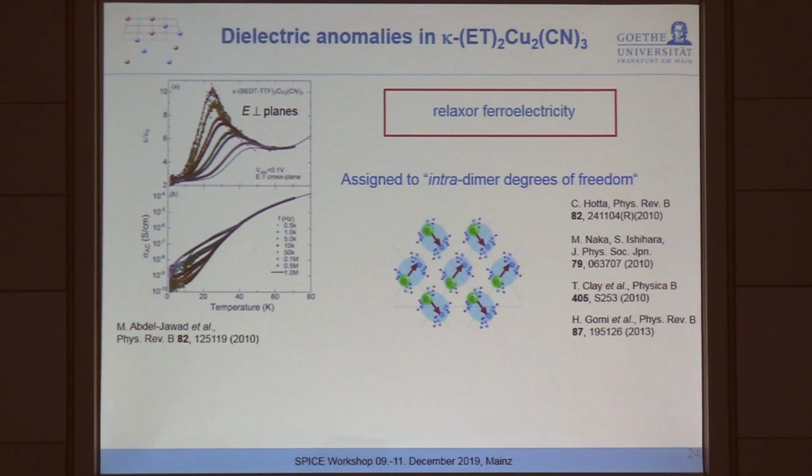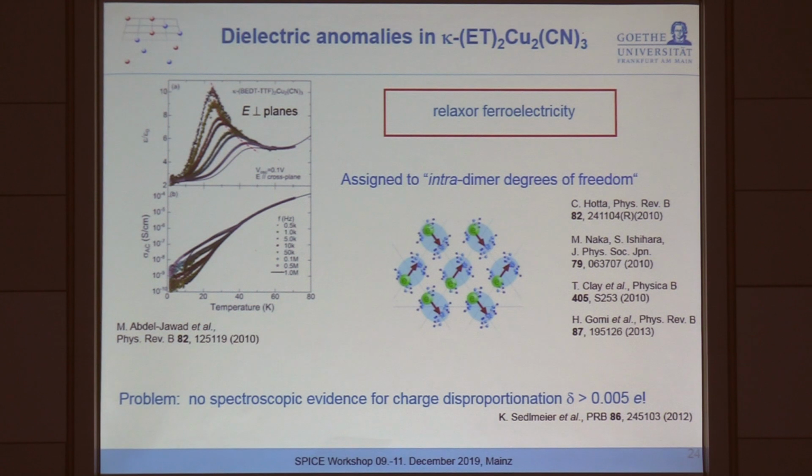And the model which they came up with, and which has been discussed in a number of theoretical works, is that these ferroelectric signatures come from intra-dimer degrees of freedom. So the notion was that at high temperature you have some fluctuating charge on the dimers, which corresponds to fluctuating dipoles. And once you have a static charge ordering setting in, then these dipoles become ordered. The problem with this, and this is the open issue which I want to address, the problem with this scenario, either for this material but also for our chlorine material, is that so far there's no spectroscopic evidence that this scenario is actually true, that we have a charge disproportionation.